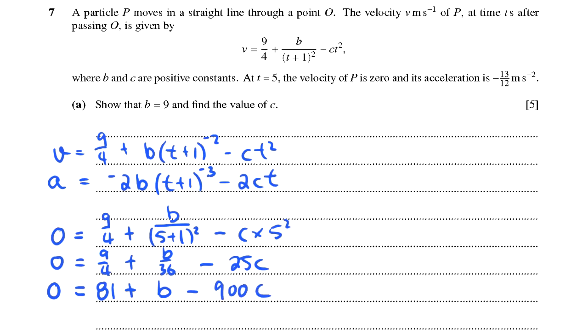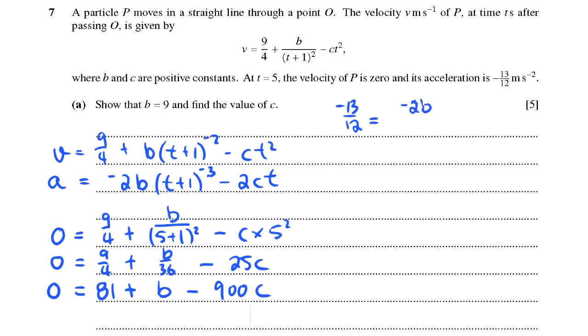Okay, so that was the velocity, and that equation looks a lot nicer than an equation with fractions. So we will try the acceleration equation and see if we can't do something similar. Okay, we have the acceleration is negative 13 on 12 when time equals 5. All right, let's again turn it back into fractions.